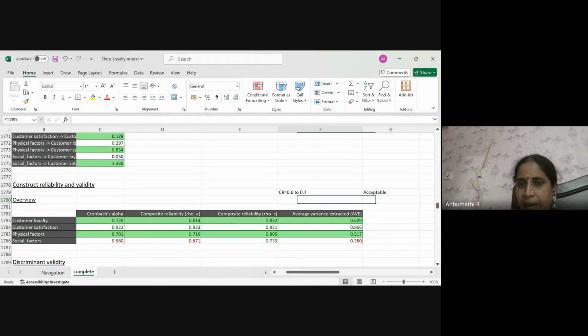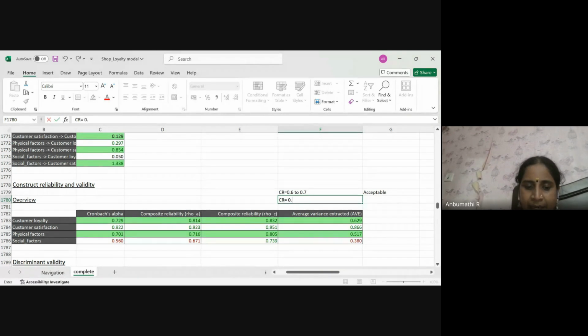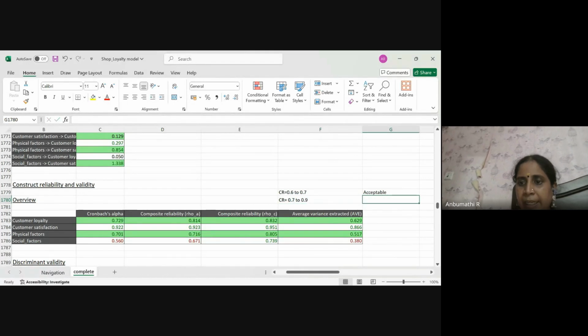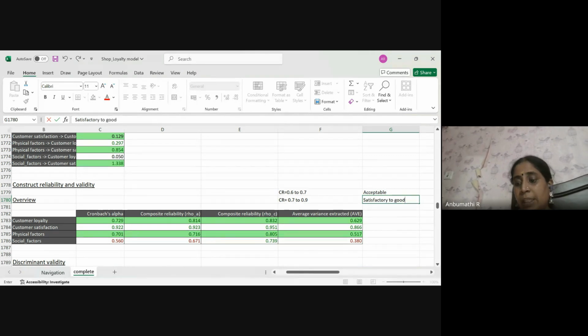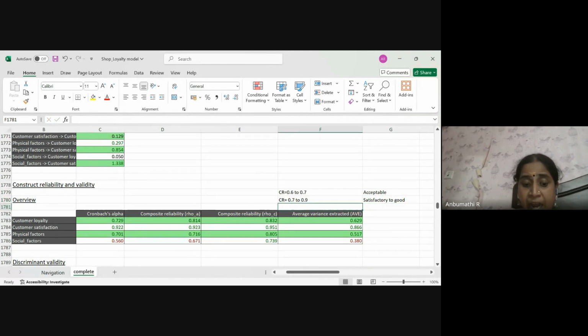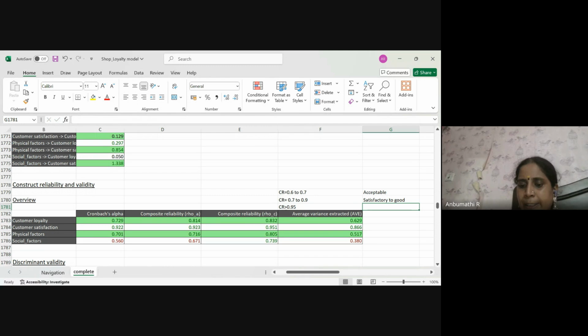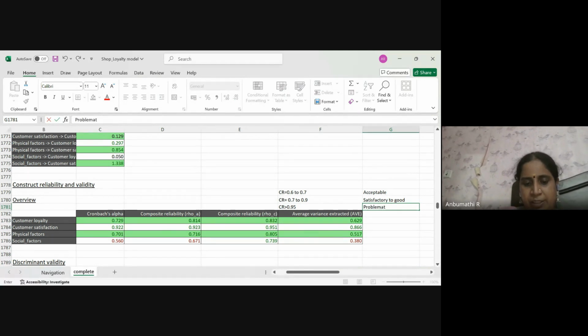If the CR value is between 0.7 to 0.9, it is satisfactory to good. If the CR value is greater than 0.95, it is problematic.